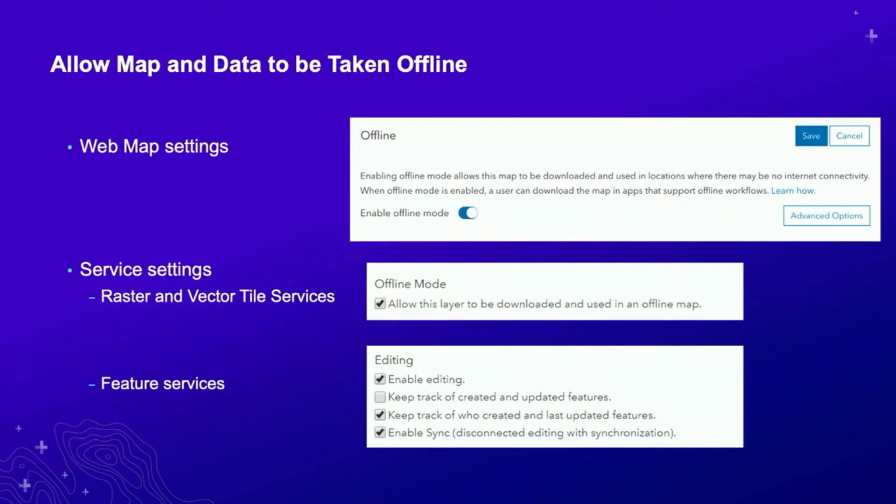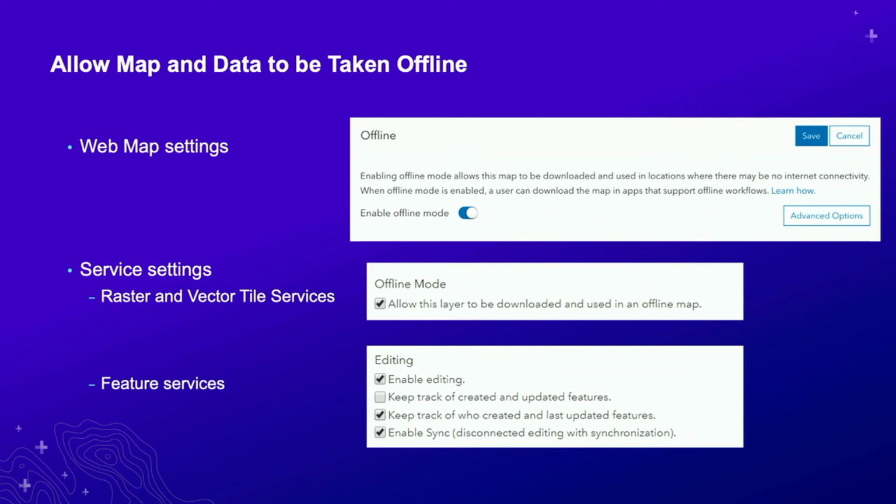Here's a screenshot of the settings page for web maps where you enable offline mode. When you've enabled offline mode, there are more settings that you can use to further control it.